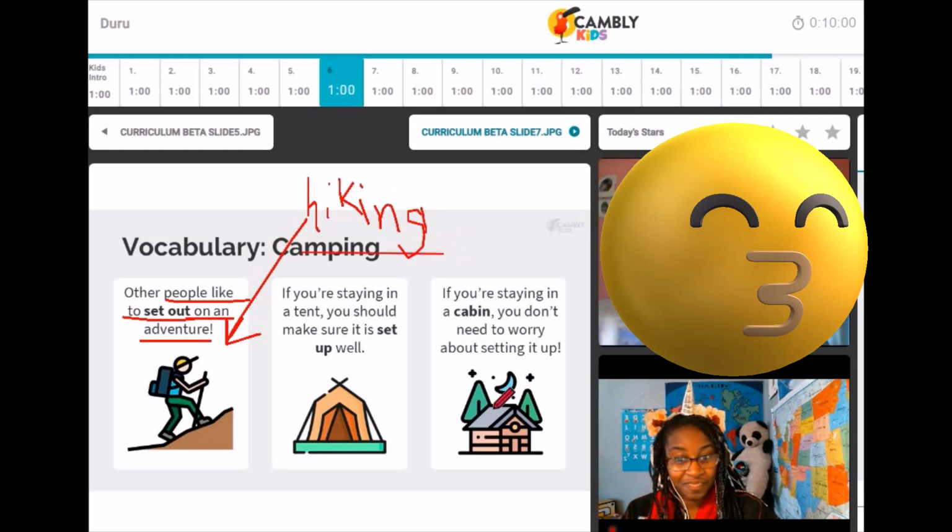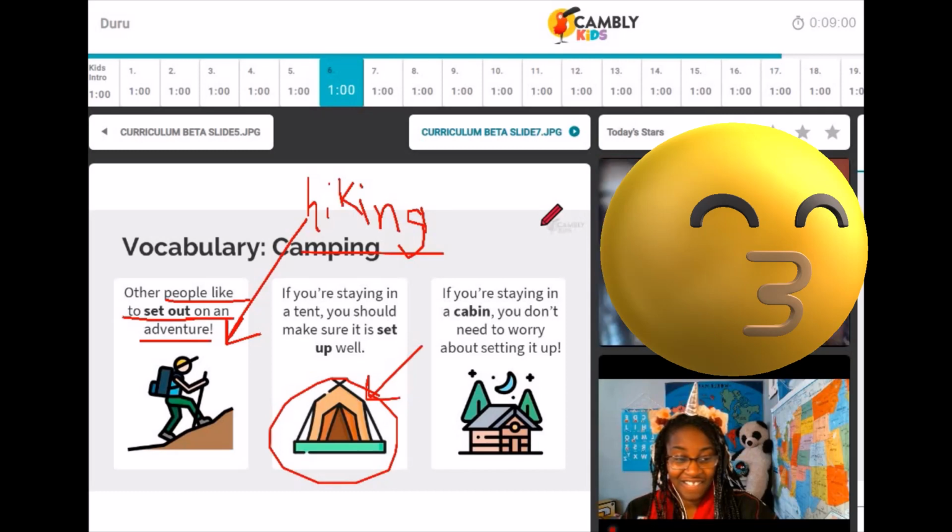Hiking. Good. And what is this? It's camping. It's a tent. A tent. Yeah, you got it.